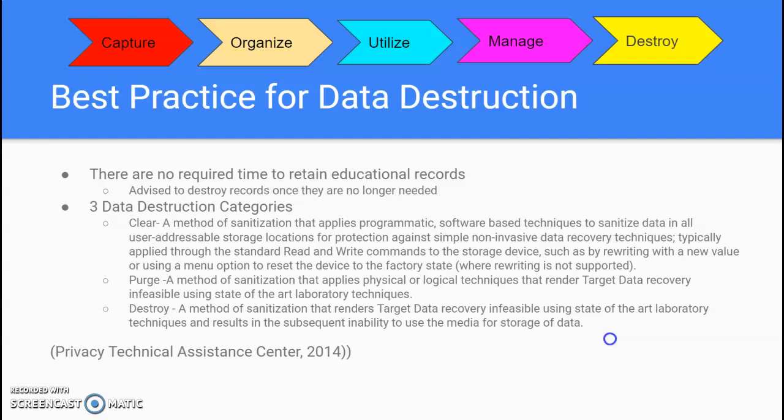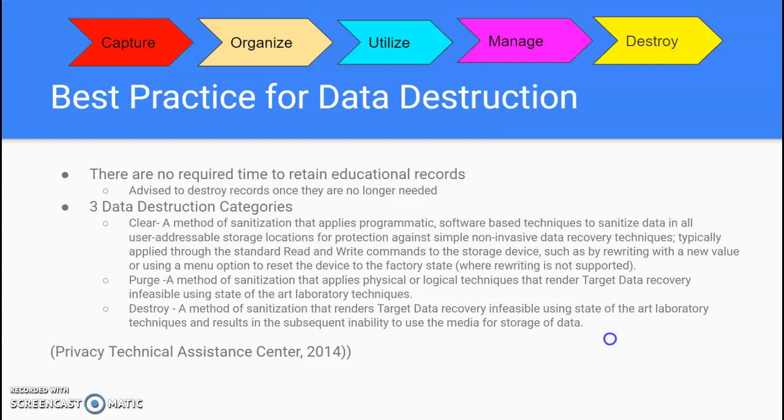So there are 3 data destruction categories. So there's clearing. This is just sanitizing that app, making sure the user addresses the protection against any data recovery techniques. You have a purge method.